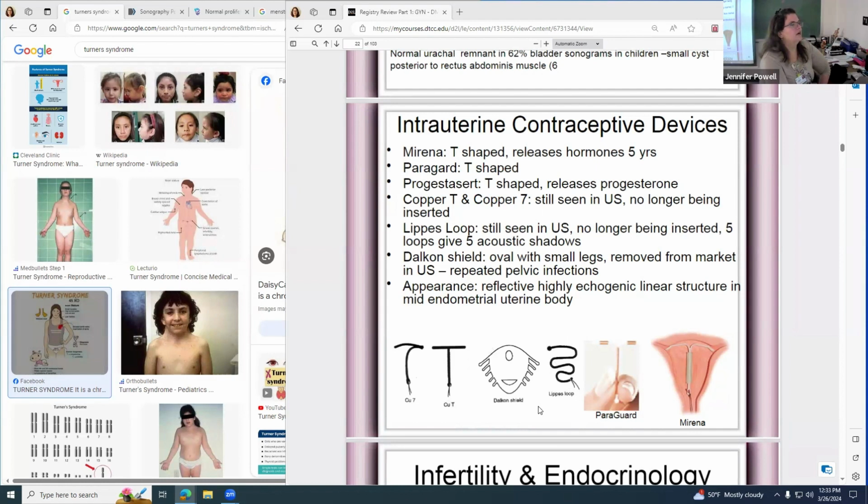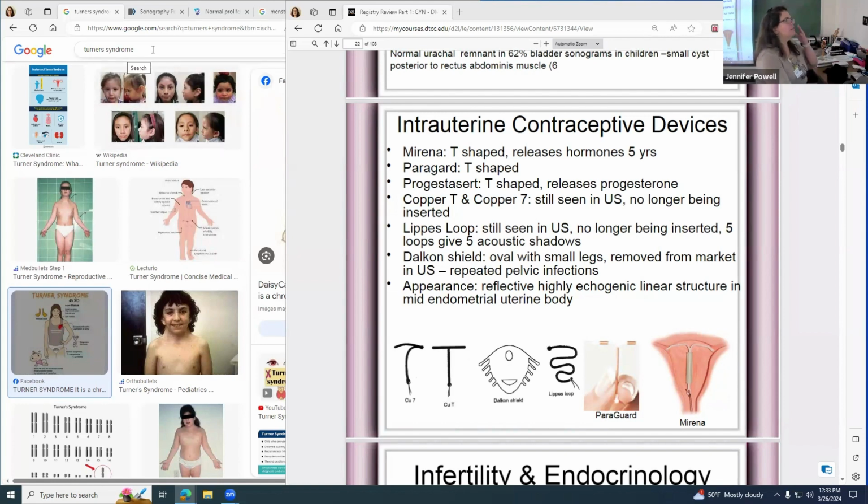5 loops giving 5 acoustic shadows. Dalkon Shield, oval with small legs, removed from the market in the US due to repeated pelvic infections. The appearance is going to be a highly reflective, echogenic linear structure in the mid endometrial uterine body. Sometimes you can see these sitting too low.